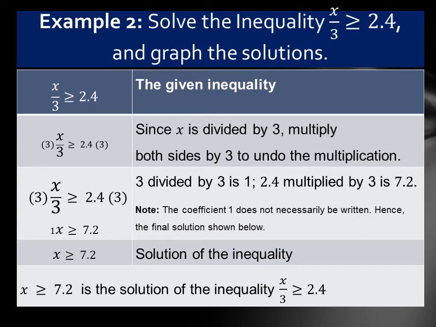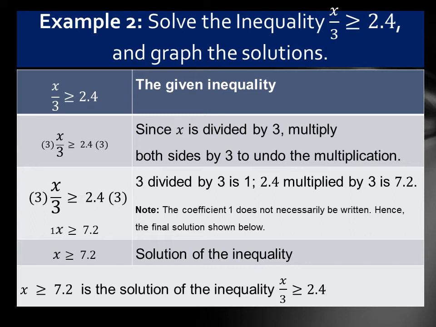We have x divided by 3 times 3 is greater than or equal to 2.4 times 3. After that, we simplify. 3 times x divided by 3 is x. Then 2.4 times 3 is 7.2. The coefficient 1 does not necessarily have to be written, hence the solution shown below. So x is greater than or equal to 7.2.